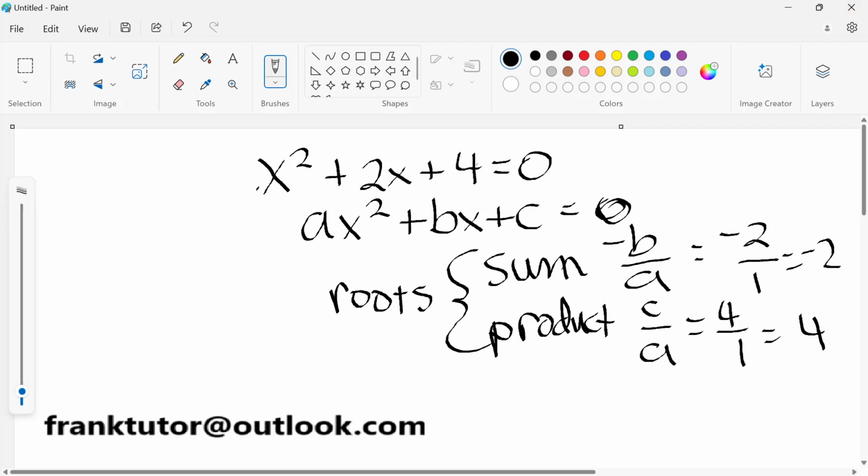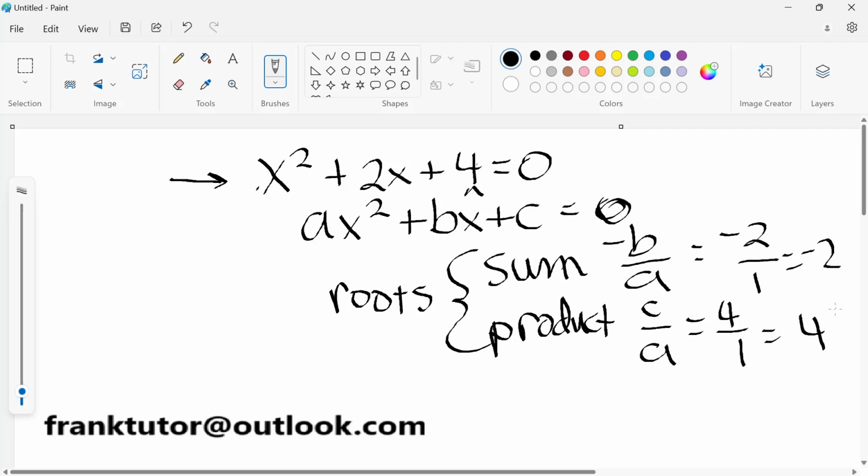Now I'll prove it with this one. You won't have to ever prove it again. But in this case, if I want to find the roots of x squared plus 2x plus 4, there's no two factors of 4 that add to 2. So I'm going to have to use the quadratic formula.